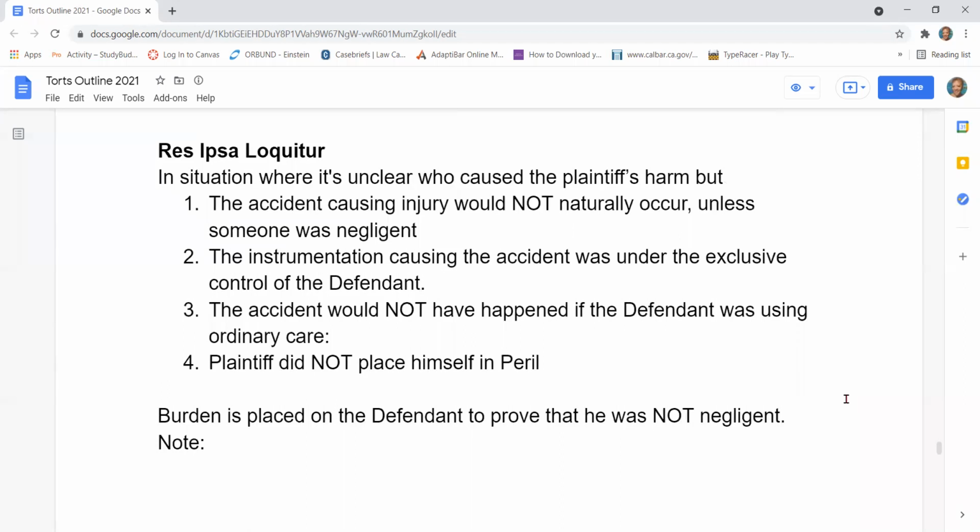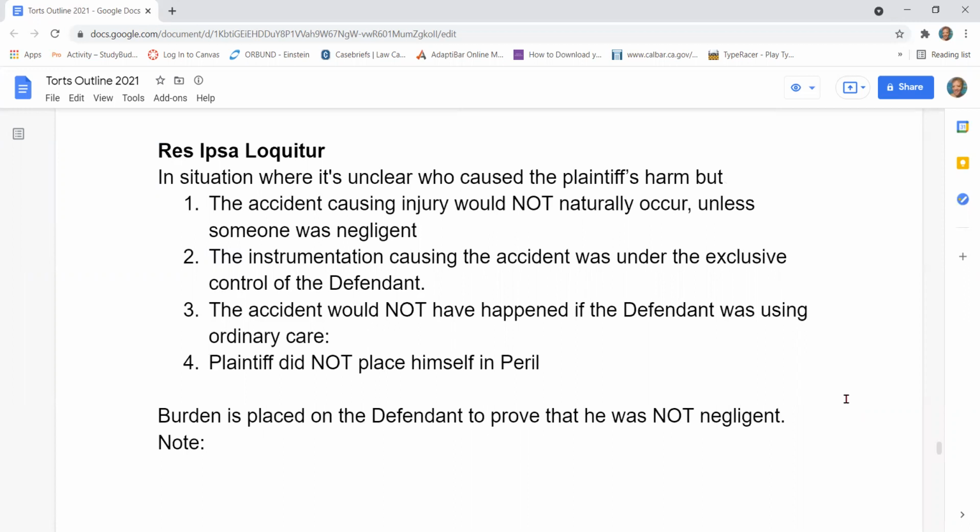Element 2, the instrumentation causing the accident was under the exclusive control of the defendant. Element 3, the accident would not have happened if the defendant was using ordinary care. Number 4, the plaintiff did not place himself in peril. Burden is placed on the defendant to prove that he was not negligent.